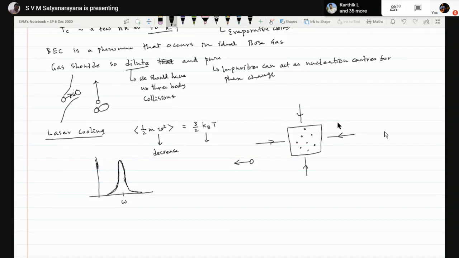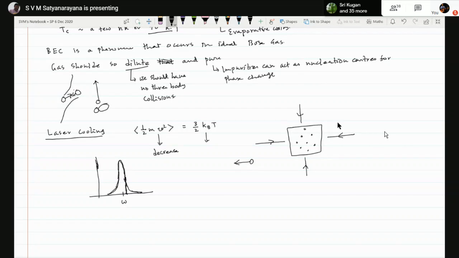So we are not going to keep our laser light at this frequency, but at some slightly shifted frequency, so that only those particles which are moving with high velocity in this direction will absorb, and the other particles will not, or their absorption is less probable.